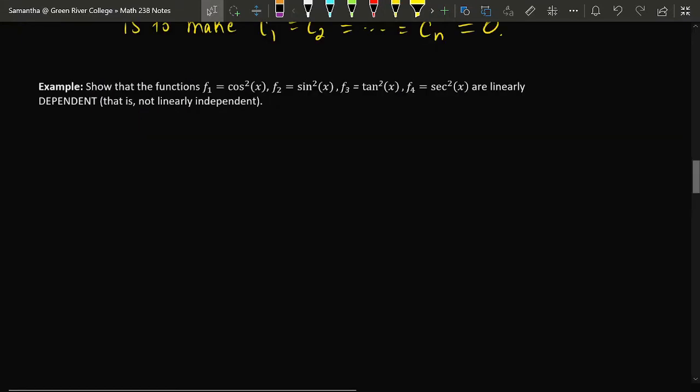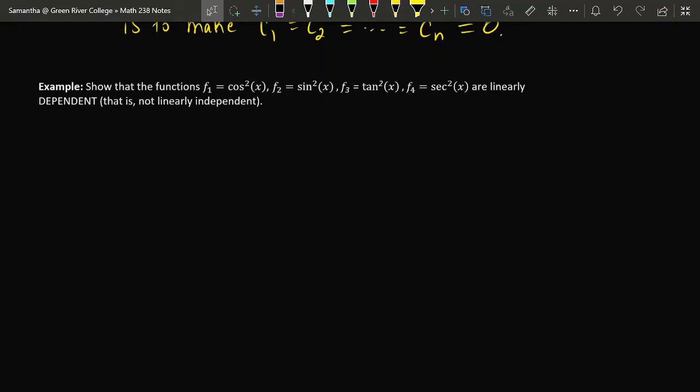Let me give you an example of a collection of functions which is linearly dependent, by which I mean that the functions in this collection are not linearly independent. We have cos squared, sine squared, tan squared, and secant squared.